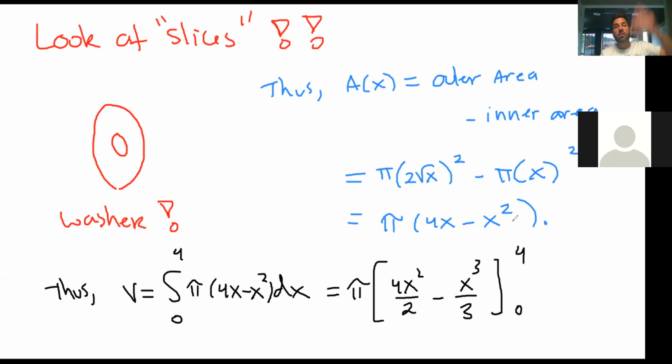So when you plug in 0, everything's going to disappear. So you're left with pi, and then when you plug in 4, 16 times 2 is 32. And then when you plug in 4 here, you get 64 over 3.